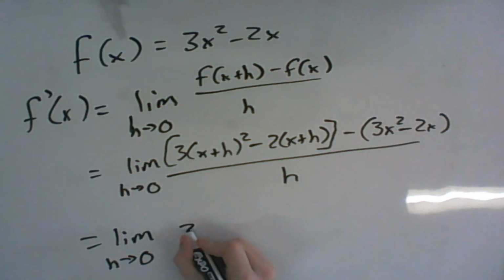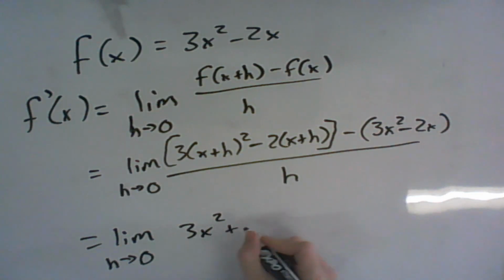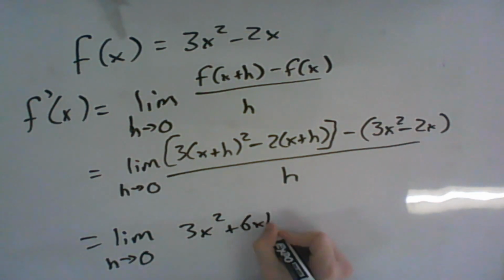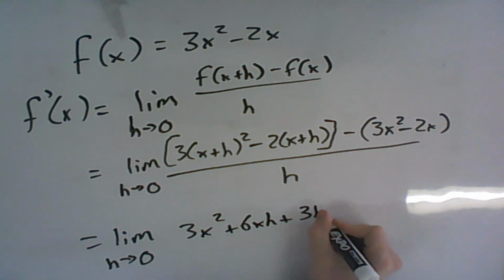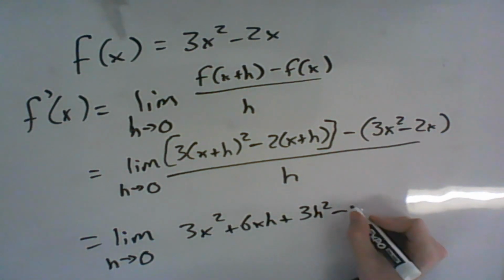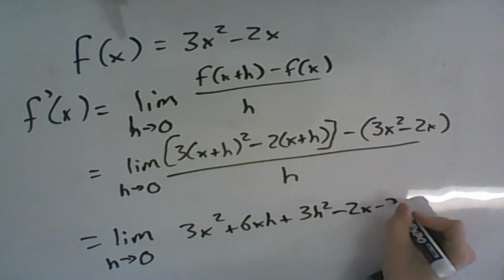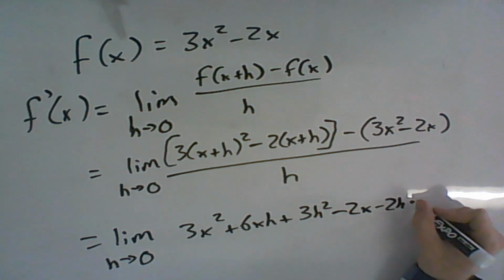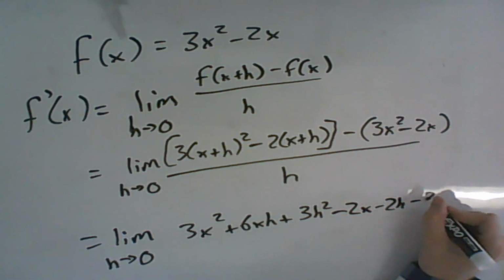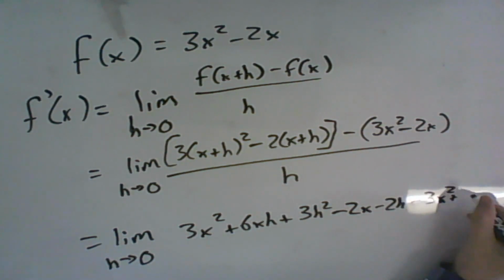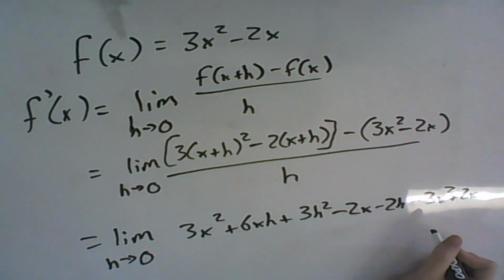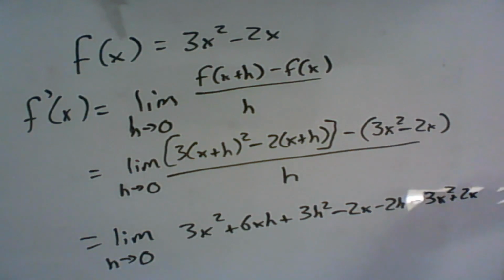We get 3x squared plus 6xh plus 3h squared minus 2x minus 2h, and then minus 3x squared plus 2x. I know you can't see that, but it goes all the way over there.